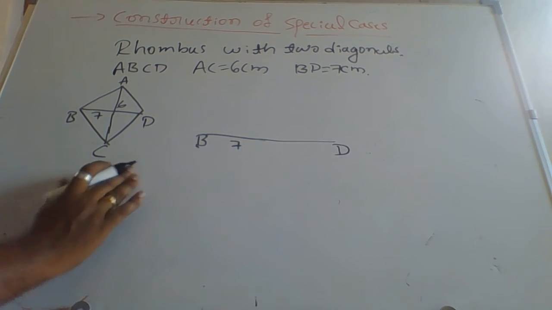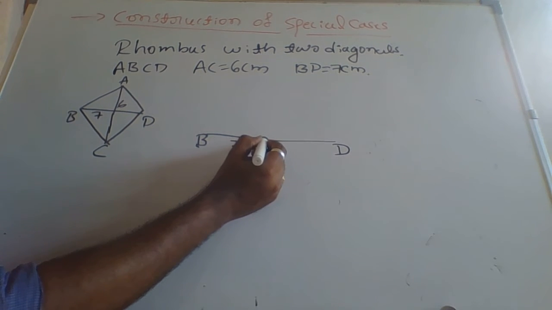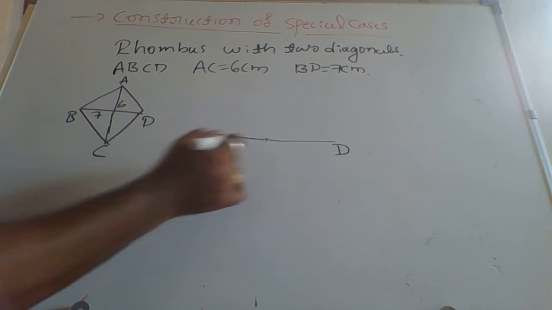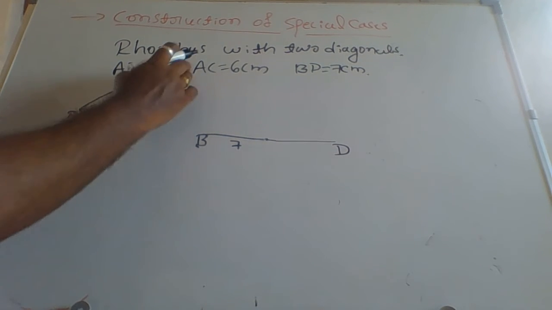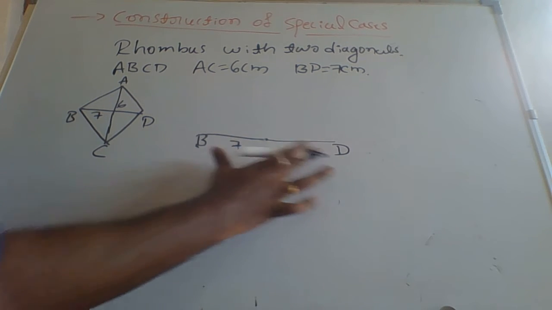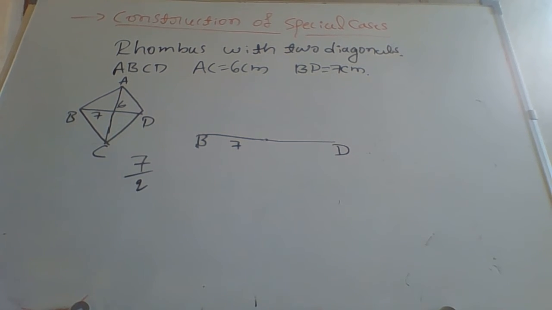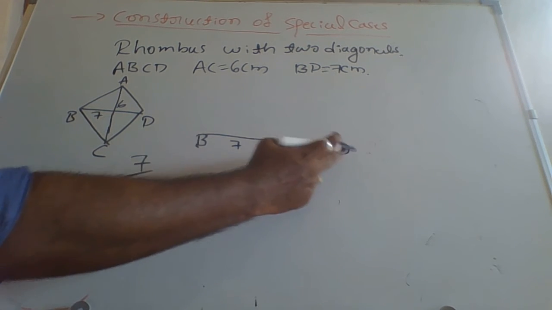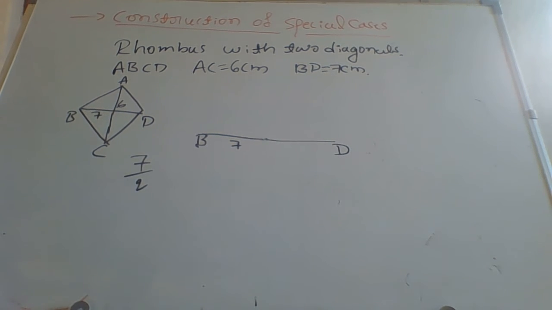So take a measurement of 3.5 centimeters and mark a point on line BD, from point B and point D. I will consider this midpoint now.